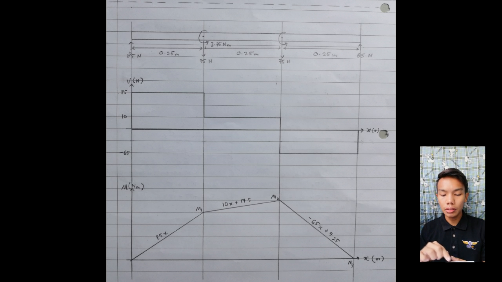Then for M2 we get 10x plus 17.5, which is lesser than 85x, so with the coefficient of 10, it will incline slightly lower than M1. Then for M3 we get negative 65x plus 7.25, so it will decline until it goes back to its initial position.